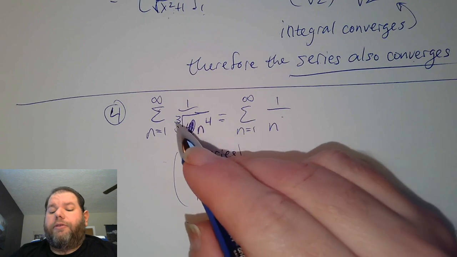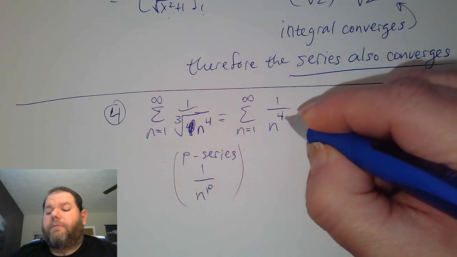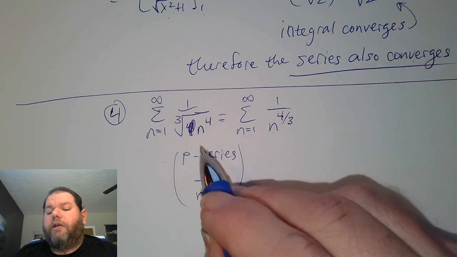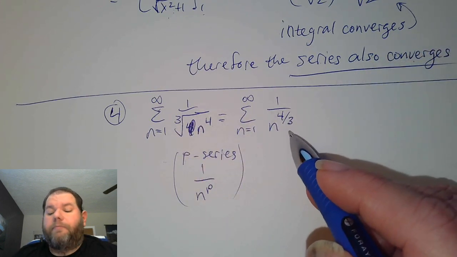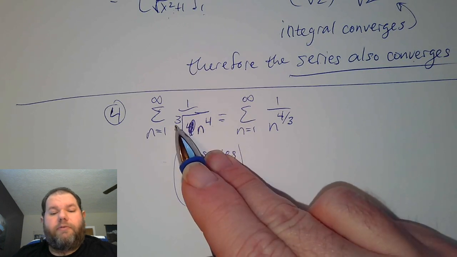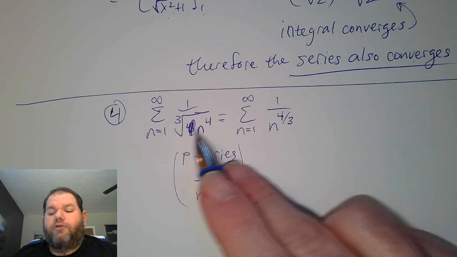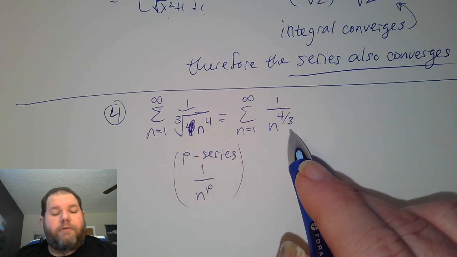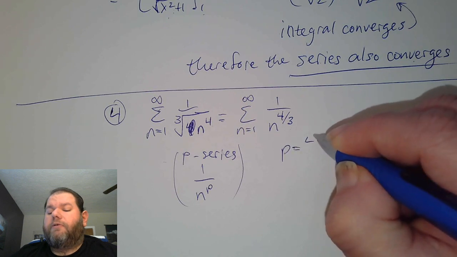Well, the cube root of n to the fourth is a fractional exponent, 4 over 3. Because the third root is the denominator, 4 would be the exponent, 3 would be the denominator. So we convert that from a radical expression to a fractional exponent. And now we see that p is equal to 4/3.